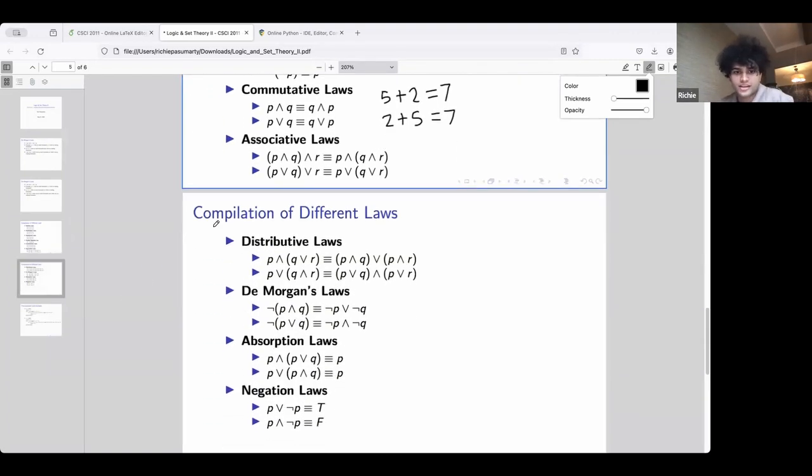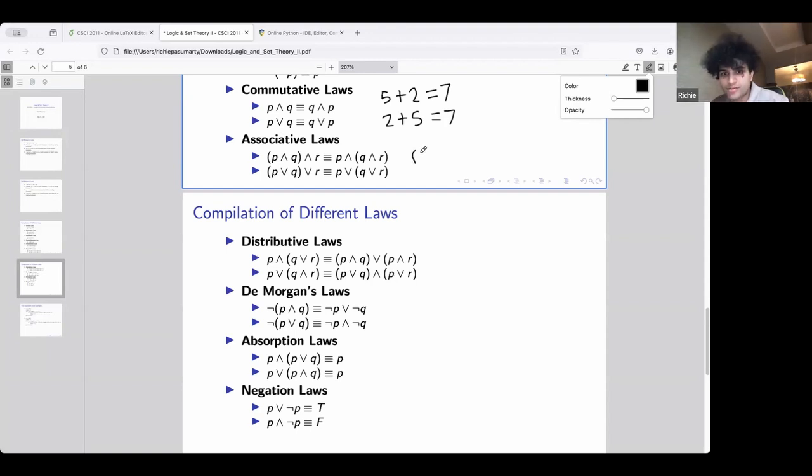All right, so now let's look at the associative laws. Basically, for the associative laws, we have either AND or we have OR, but the idea is that the order in which we apply these operations does not matter. So again, this is with statements, but I'll just provide you an analogy with addition because I think that would make the most sense for most of you.